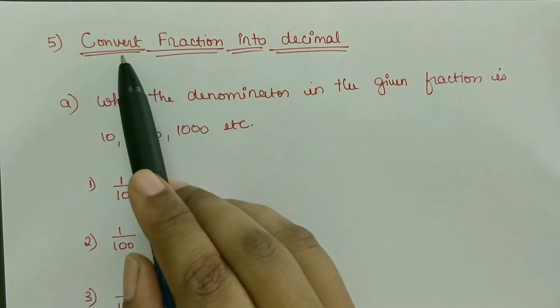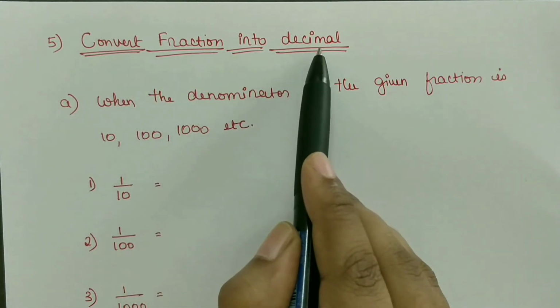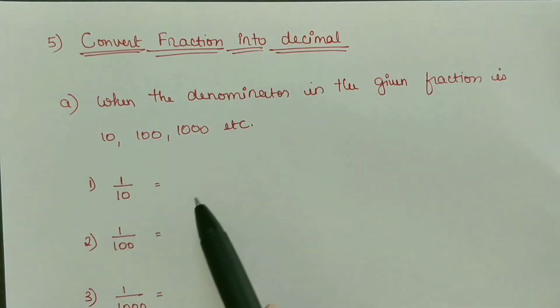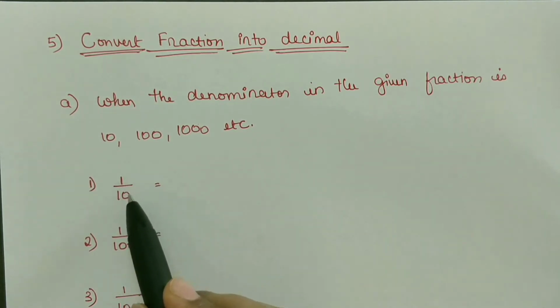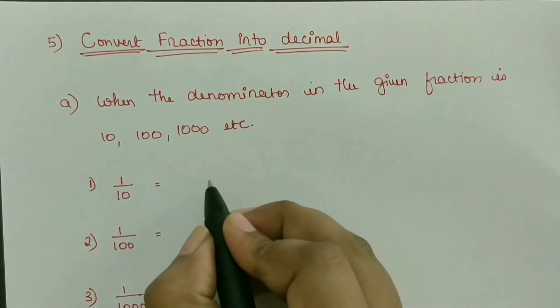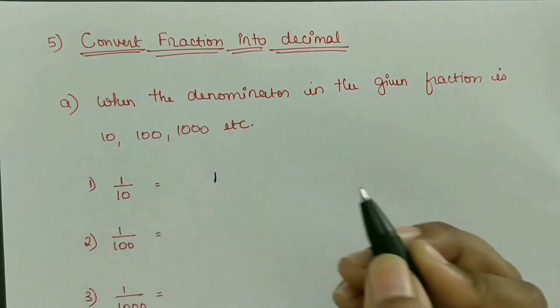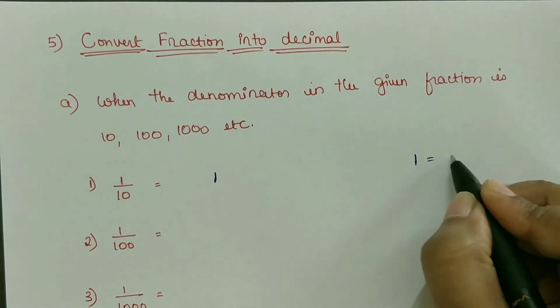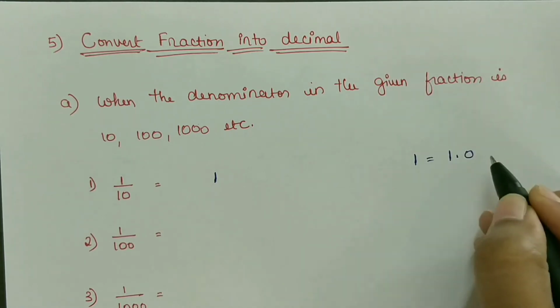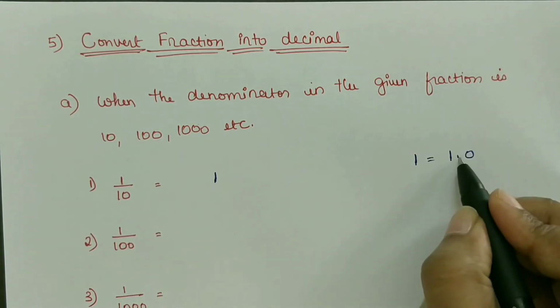Next topic, convert fraction into decimal. So we need to place the decimal point. 1 divided by 10. Write the numerator as it is. It is 1. We know that 1 can be written as 1.0. That means the decimal point lies to the right side of 1.